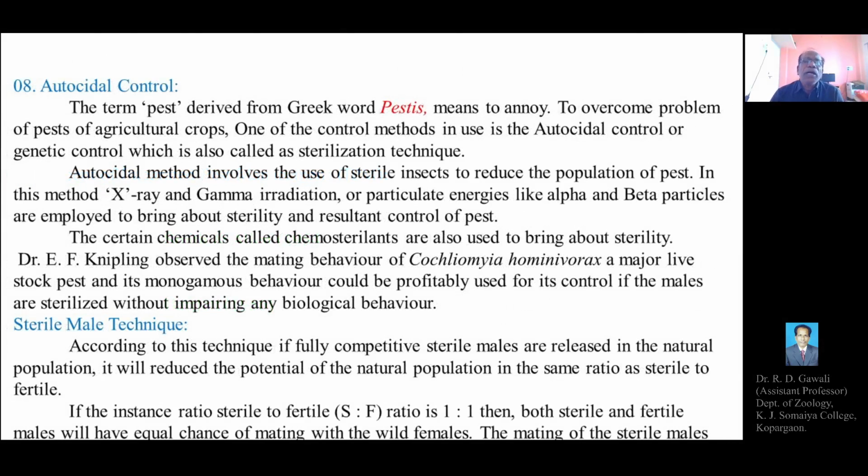Then autocidal control. The term pest is derived from the Greek word pestis, which means to annoy.